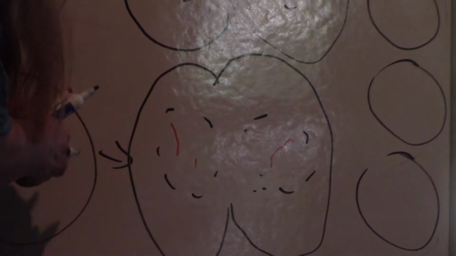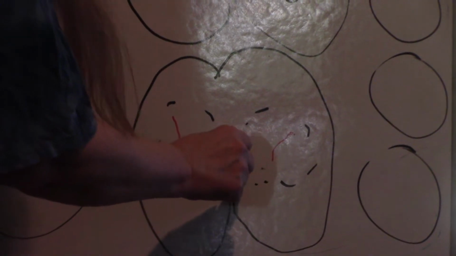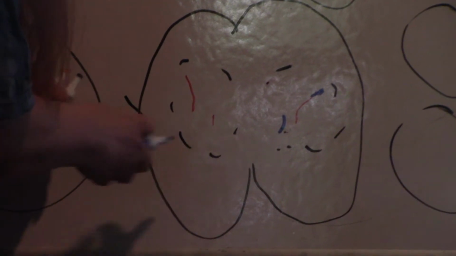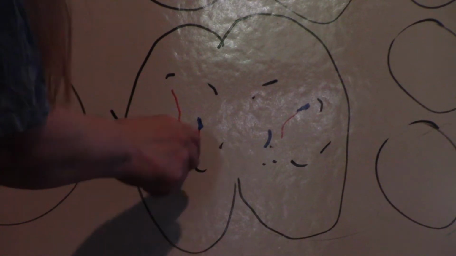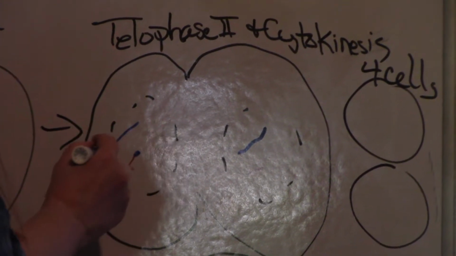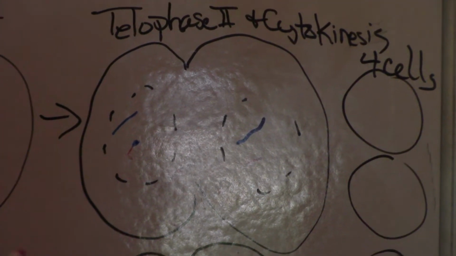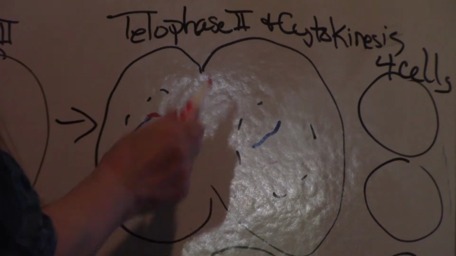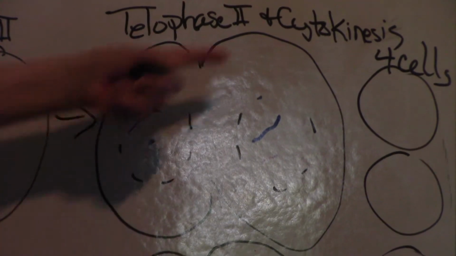The short one should be blue. This should be more blue with a little bit of red. This one should have a little blue and a little red. Okay, and then they would divide into those cells with their double helices present.